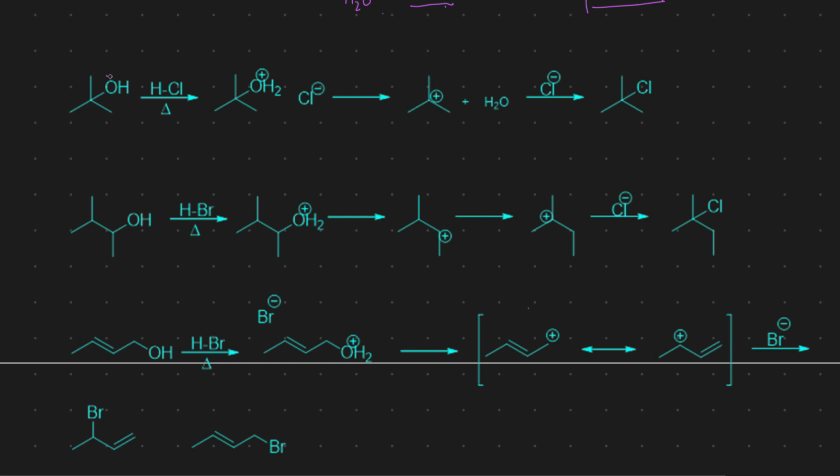Again, lone pair on the oxygen attacks the proton, breaks the bond between the H and the Cl, forming the anion, turning a poor leaving group into a good leaving group, minus H2O. We have our tertiary carbocation intermediate, and chloride just attacks the carbocation, forming our product.